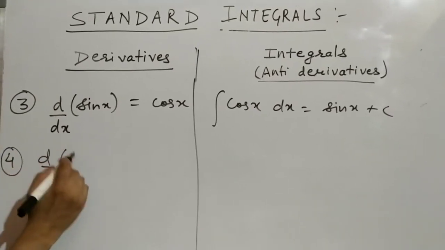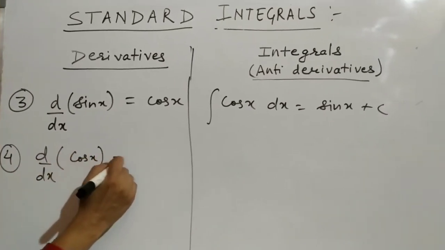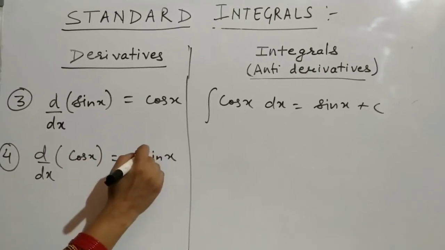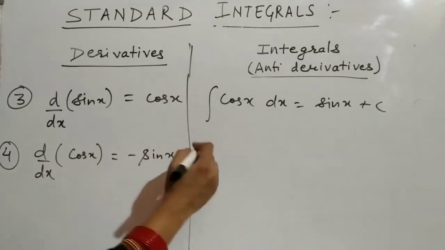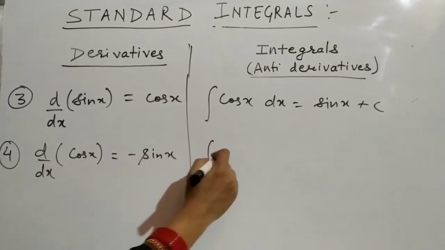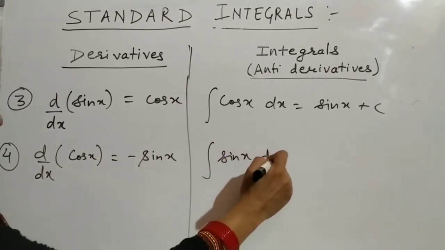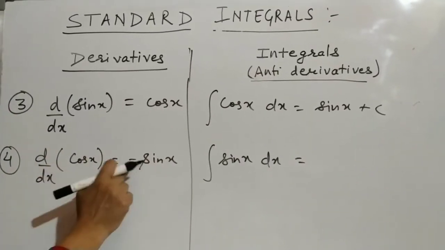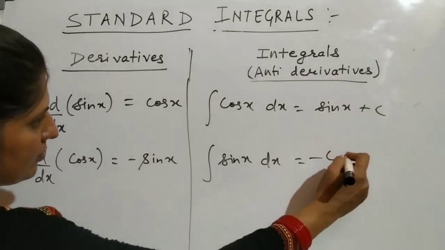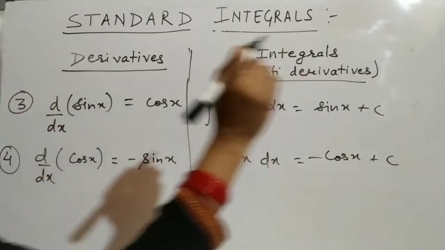We know that derivative of cos x is equal to minus sin x. That implies integration of sin x is equal to minus cos x plus c.